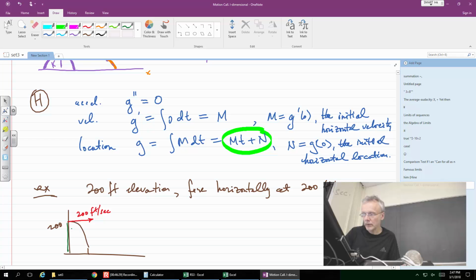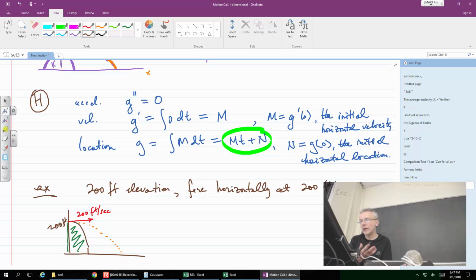So this is the hill, some kind. So this is 200 feet of elevation, and that's the shot. So we want to figure out what's going to happen to the cannonball. So at some point it certainly will hit the ground. We'll see if it matches roughly what we expect.